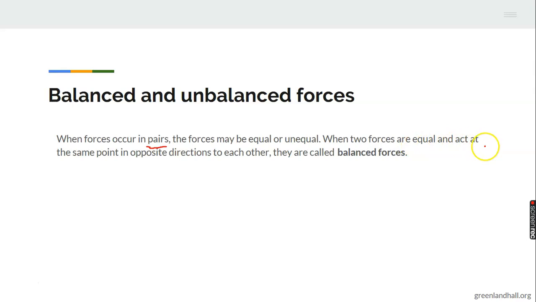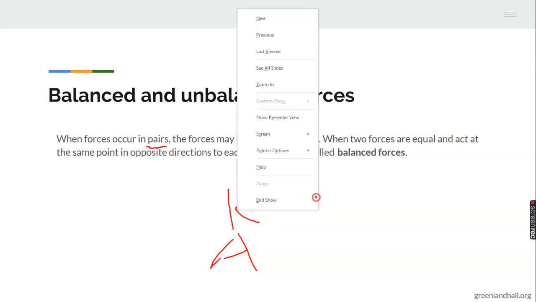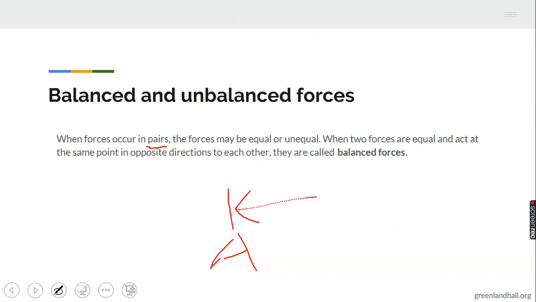When two forces are equal and act at the same point in opposite directions, for instance, this is a point A. One object is acting from point A down here, and another object is acting from point A down here.